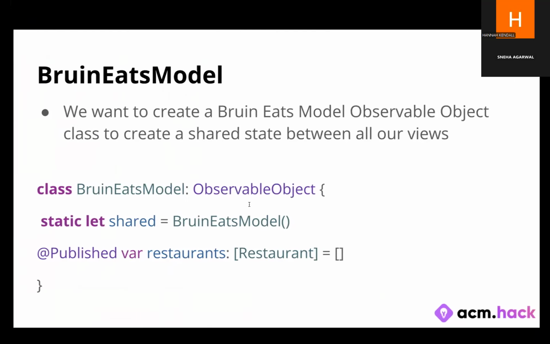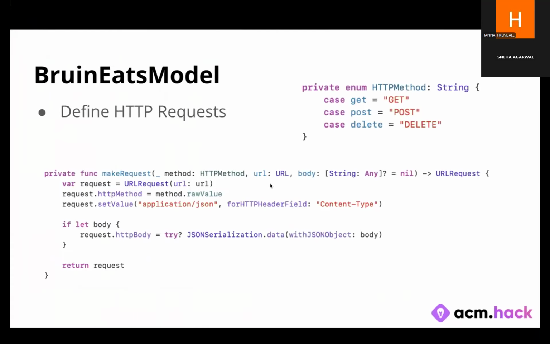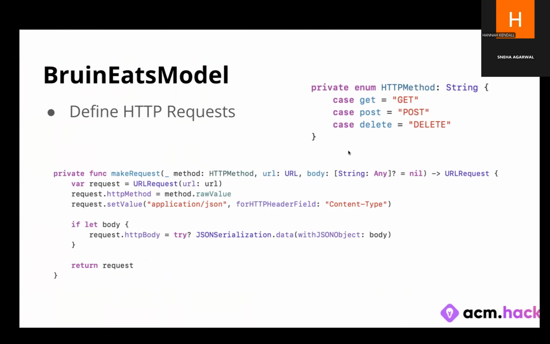Now I'm going to go back and we want to define our HTTP requests, which are going to communicate using our API to pull the information. So we're going to have a get, post, and delete request.